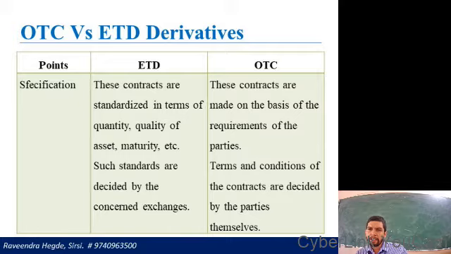Terms and conditions of the contracts are decided by the parties themselves. So this is very important. In ETD, the standards are decided by the concerned exchanges, whereas in OTC, the terms and conditions of the contract are decided by the parties themselves.